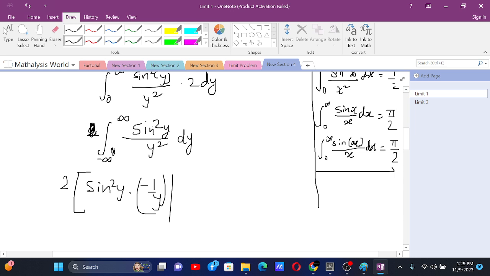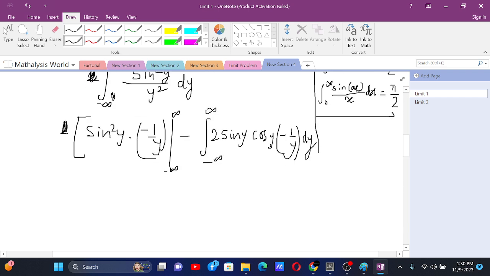This can be done since both are even functions. So now we have, from minus infinity to plus infinity, minus the integral from minus infinity to plus infinity of 2 sine y cos y, and the integral of minus 1 is just minus 1 by y dy.